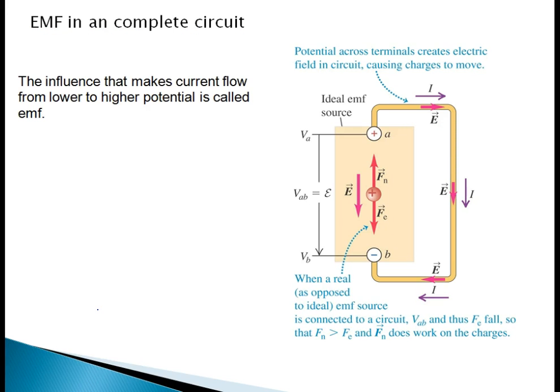Now, you make the circuit. Now what will happen when a real EMF source is connected to a circuit? Fn should be greater than Fe, and Fn will do the work, and due to Fn being more than Fe, the positive charge particle will move in the interior of the cell.